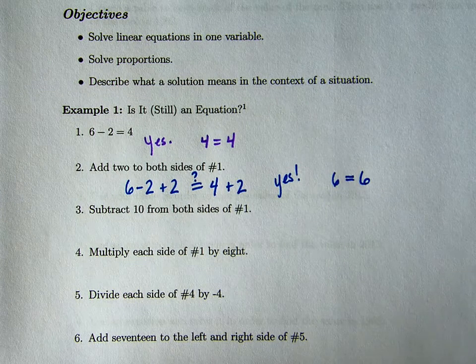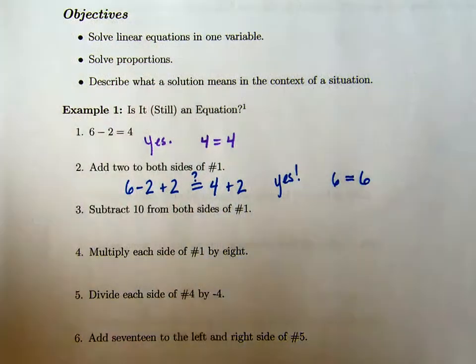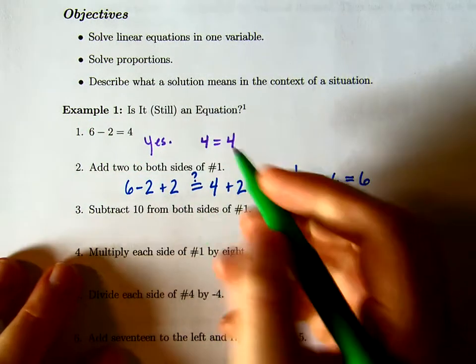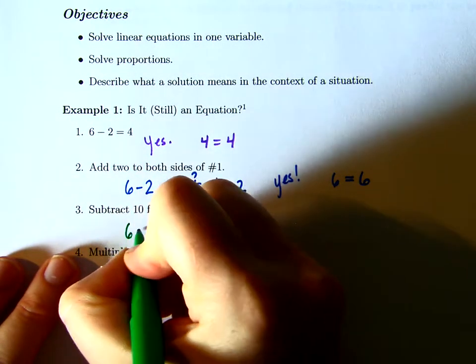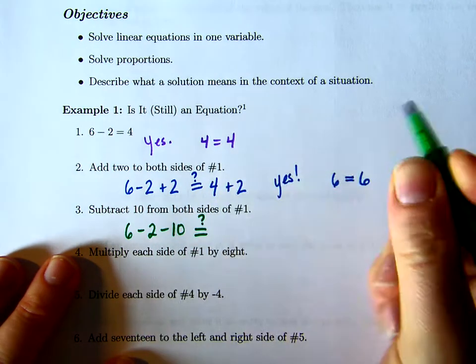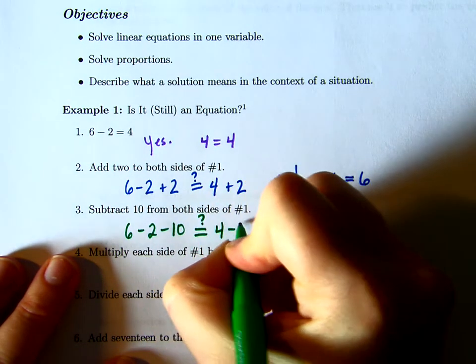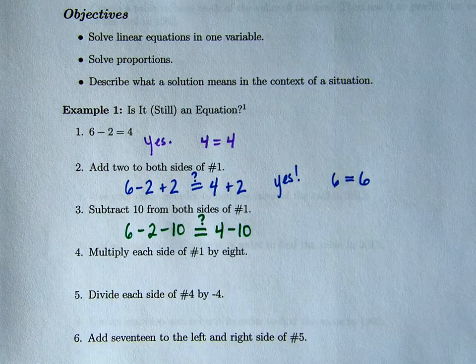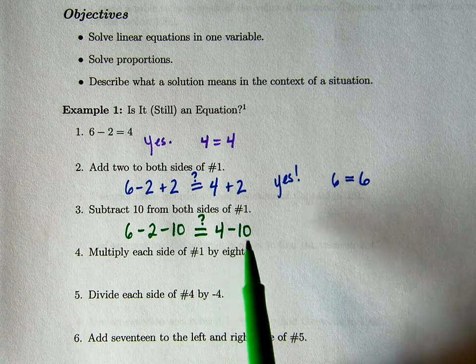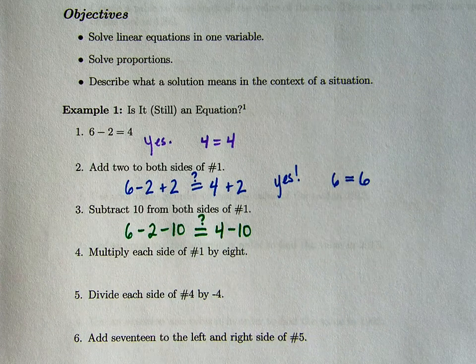Subtract 10 from both sides of number 1. So let's see. We start with 6 minus 2, subtract 10. Does that equal 4 take away 10? Well, 6 take away 2 is 4, and 4 take away 10 is, by the way, negative 6.